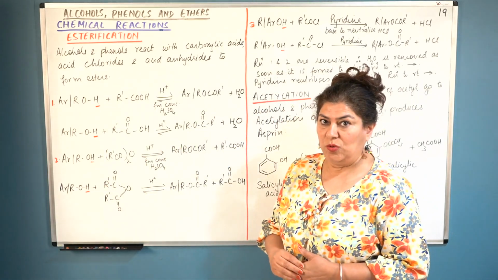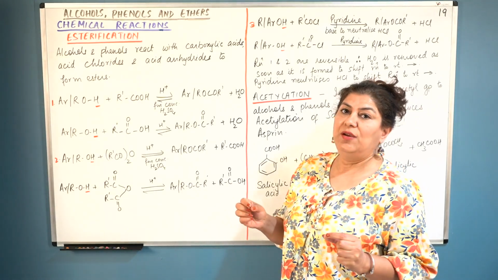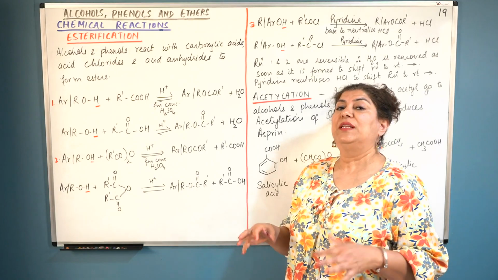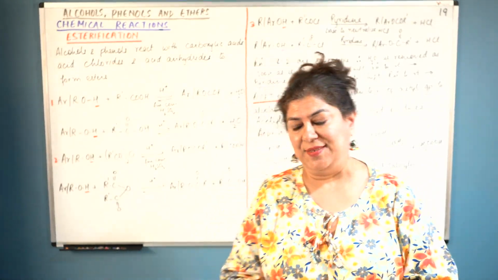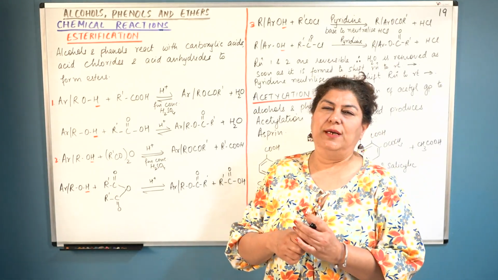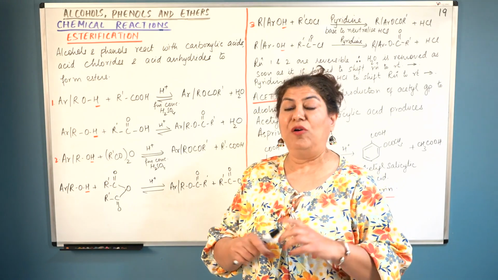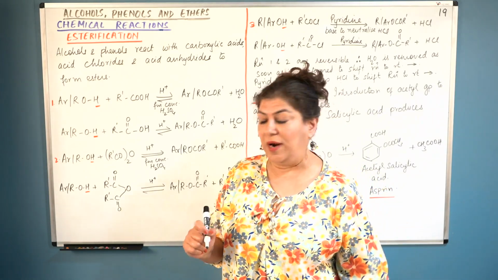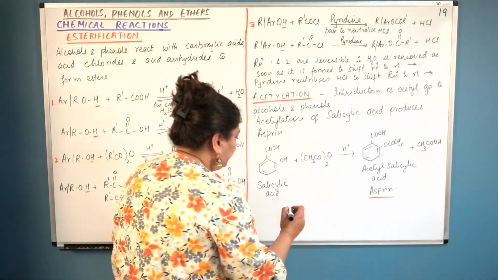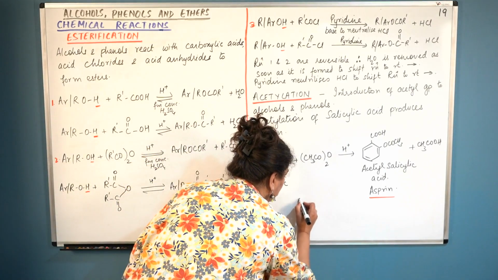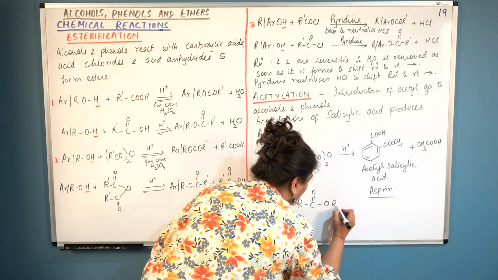We already know from previous knowledge of class 11 that alcohols and phenols react with carboxylic acids to give rise to esters. And we know the structural formula of an ester. The general formula of an ester is RCOOR'. That is R, C double bond O, O, R dash.